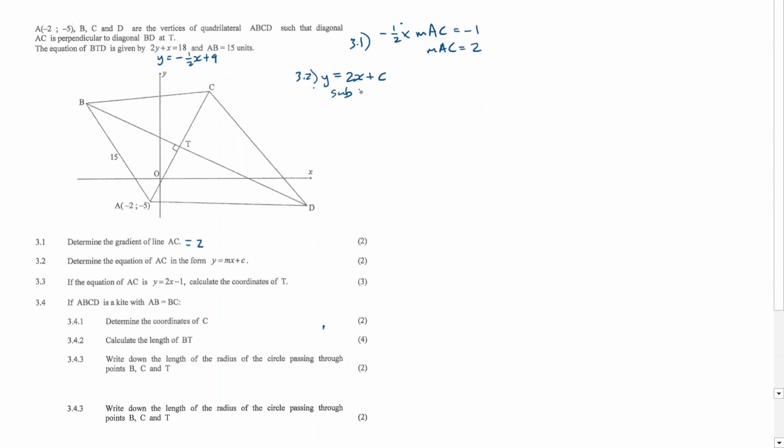So I sub in a point on AC, so that will be A. And when I sub that in, I get minus 5 equals 2 times minus 2 plus c. That becomes negative 4, and when I plus that across, c equals negative 1. So what's the equation? It's y equals 2x minus 1. If the equation is 2x minus 1, praise the good Lord, we know that we're correct.